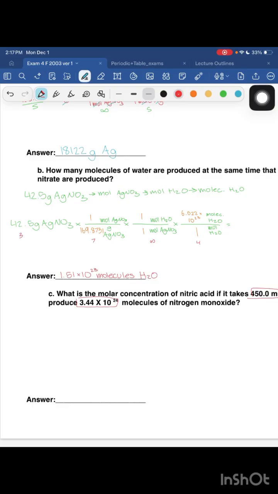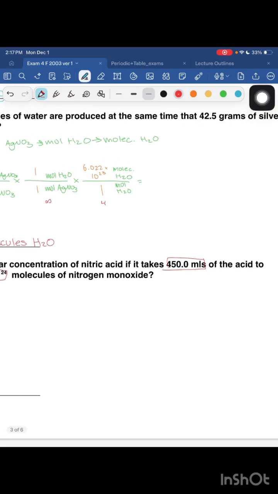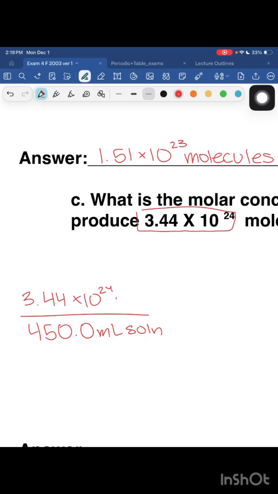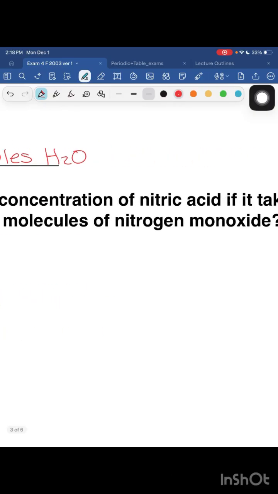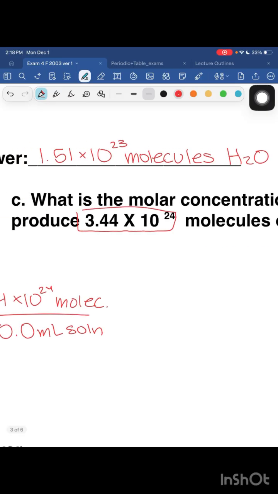So we're going to start this as a ratio. This is already in milliliters of acid, so that's going to be on our bottom. And we're going to treat this like a rate problem. So this is mL of solution over 3.44 times 10 to the 24 molecules of nitrogen. And this isn't nitrogen monoxide, it's nitrogen dioxide, NO2.